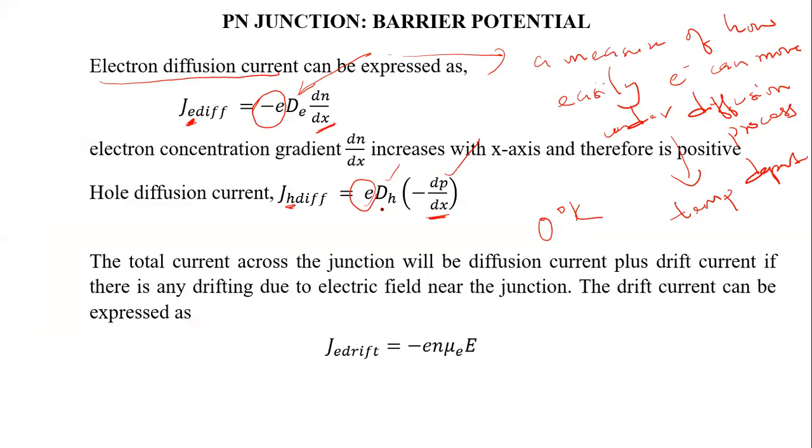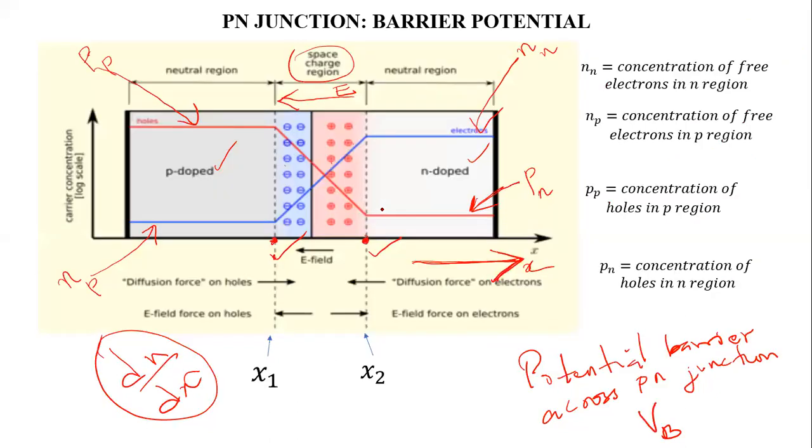Okay. So in addition to this diffusion, we have said that we have a built-in electric field here because of this space charge region. Under the action of this electric field, electrons and holes also will move, as we already discussed.